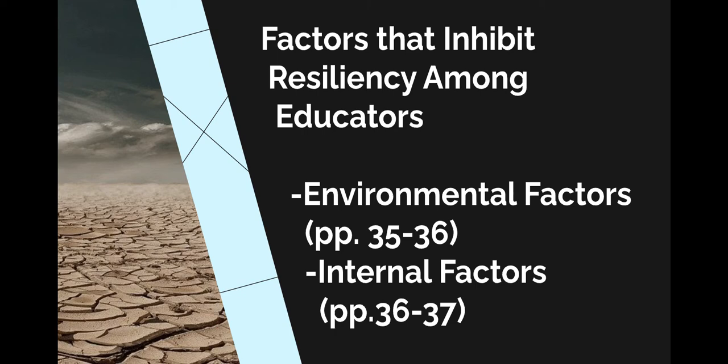Internal factors that can affect or inhibit resiliency: the educator workplace is significantly older than in the past. So again, it's different than in the 1800s, and even as we grow into today, it looks different throughout the different generations.